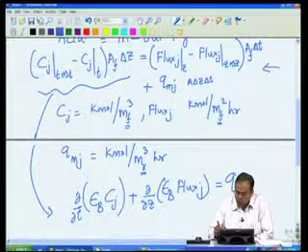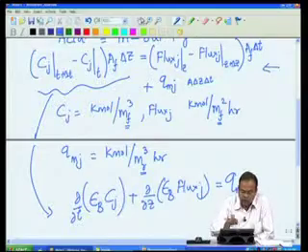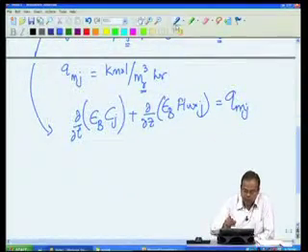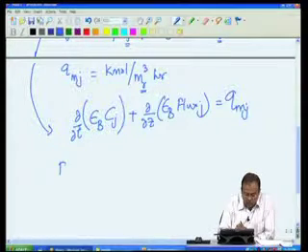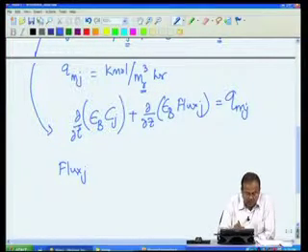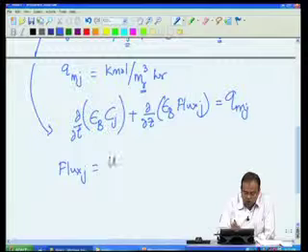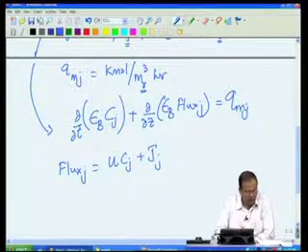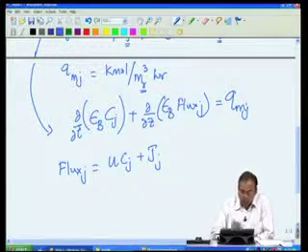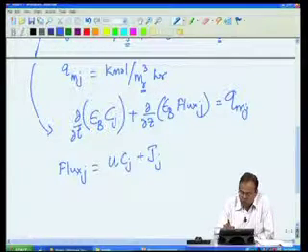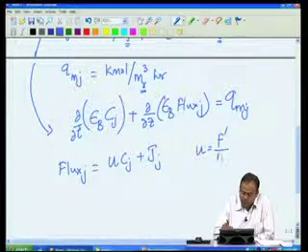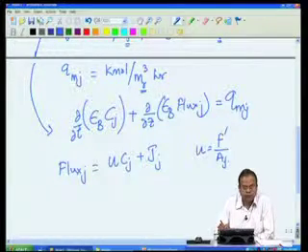Now, what is my flux of J? I can write my flux of J. Remember, my flux of J has two components, U into Cj plus diffusive flux. U is my interstitial velocity. So, U is my fluid flow rate F prime divided by AF.